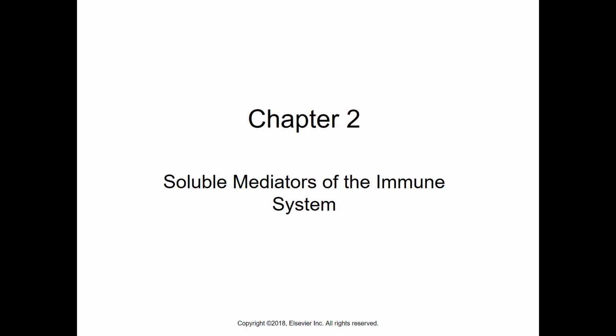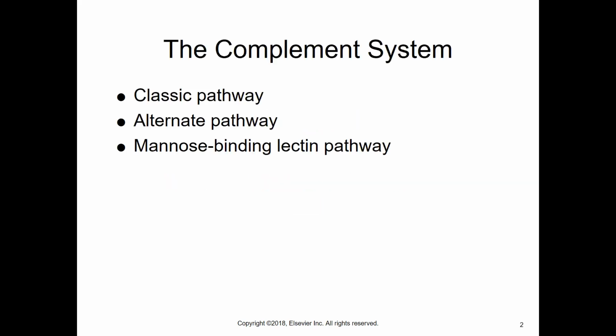So these activities are initiated in various ways through 3 pathways. So there's 3 pathways to complement. The first pathway is the classic pathway. Out beside classic pathway, write antigen antibody.